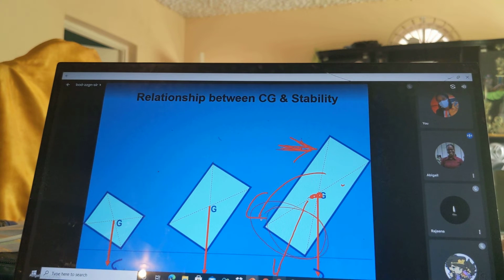So it really depends on whether the thing is uniformly weighted or not. If it's not uniformly weighted and the weight is closer to the bottom end, then it will be more stable than if the weight was closer to the top end.